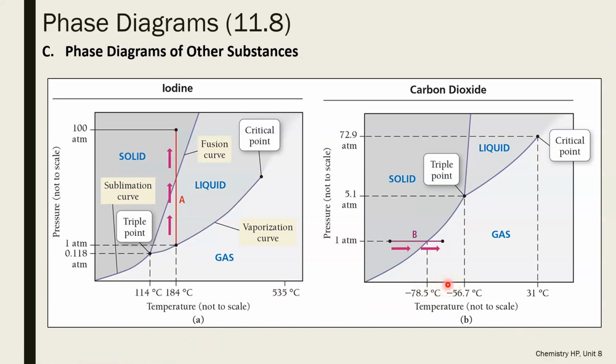And we're going to find 10 atmospheres of pressure, maybe somewhere right here. If we go from negative 60 degrees Celsius and stay at 10 atmospheres and warm to 30 degrees Celsius, well, 30 degrees Celsius is right over here, almost to this vertical dotted line. We're going to see that carbon dioxide will go through all 3 phases. It will go from a solid to a liquid to a gas.